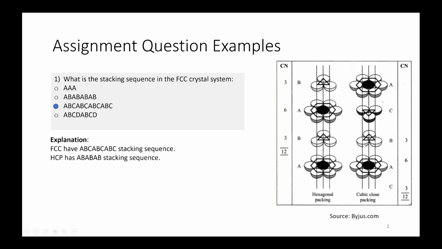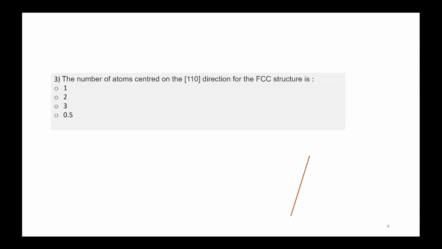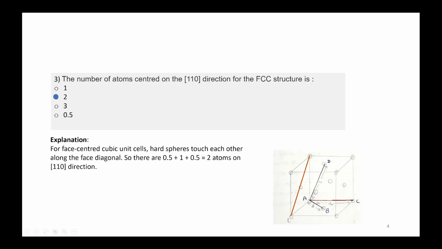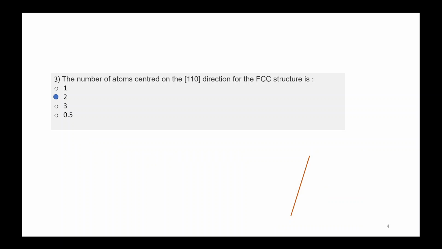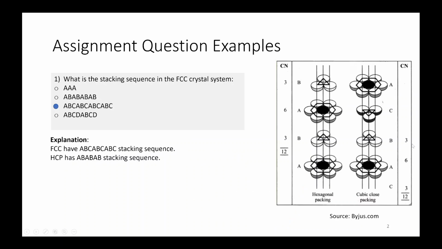It's not much clear, but in FCC, the below four atoms, if you consider it A, and all the face atoms, if you consider it B, then again the third one will be A only, the top atoms. No, they will be having differently. They will be having in this manner. These are not similar.